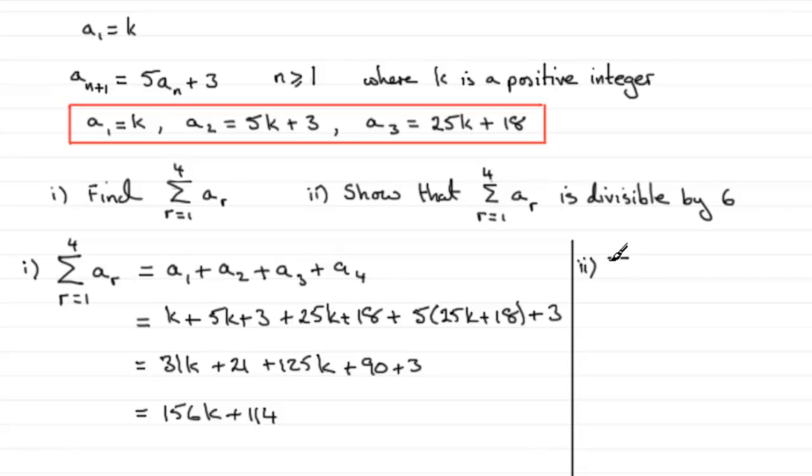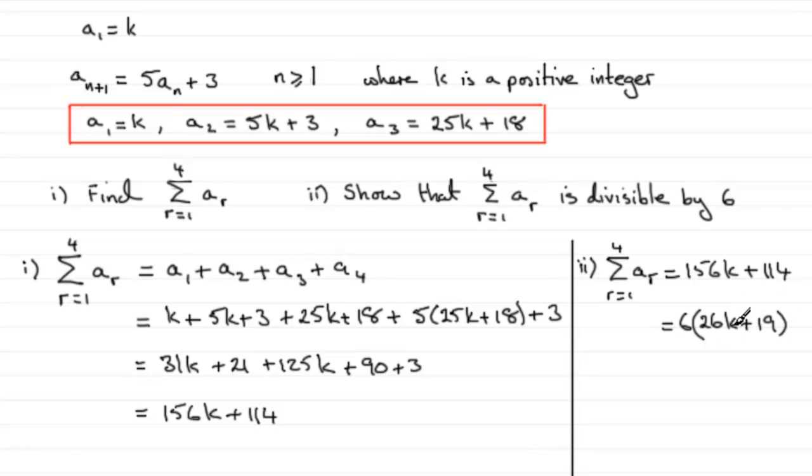So let's just write that sigma of AR going from r equals 1 to 4, well we know from here it's equal to 156k plus 114, but if you pull out 6, 6 goes into 156 26 times. So we've got 26 times k. And then 6 goes into 114 19 times.